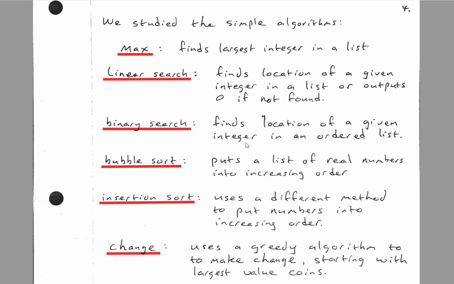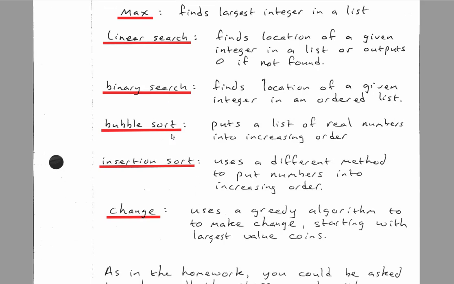If the integer list is in order from smallest to biggest, then there's a much more efficient way to search. That's the binary search. It just keeps breaking up the list into 2. We also looked at sorting algorithms, putting lists in order from smallest to largest. 2 ways to do that.